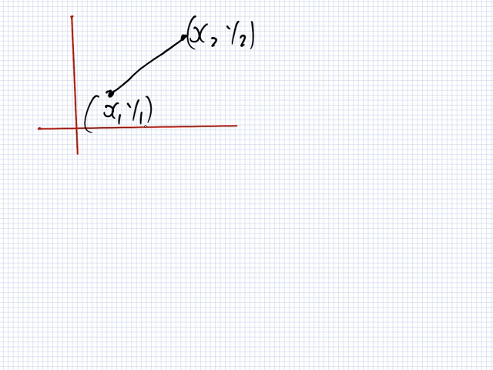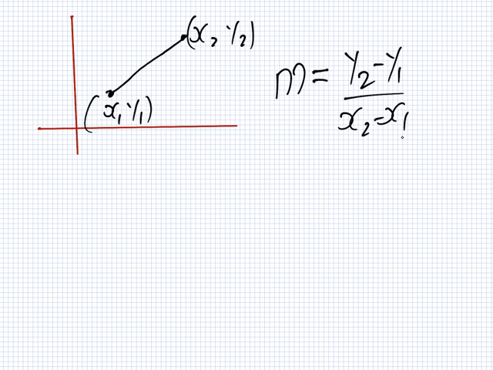We have a formula for finding the m. I'm sure somebody here remembers it from school. y2 minus y1 over x2 minus x1.